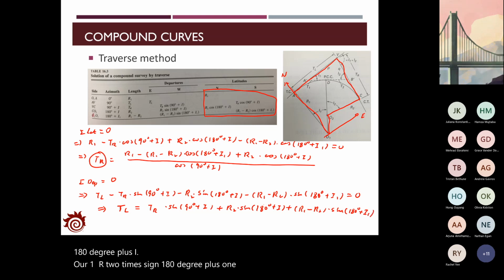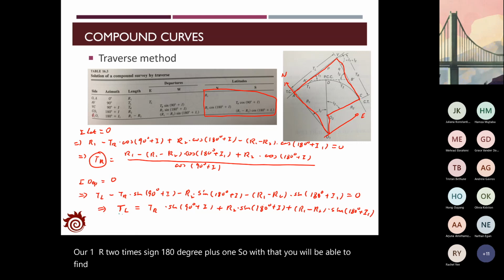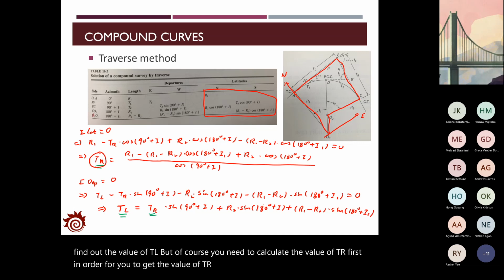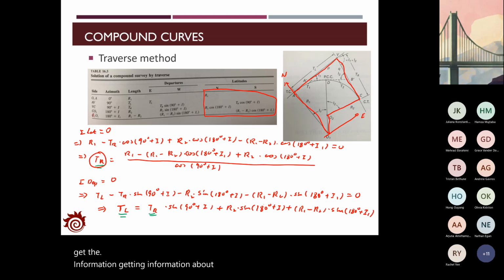So with that, you will be able to find out the value of TL. But of course, you need to calculate the value of TR first in order for you to get the value of TL. So this is the traverse method for you to get the information about the compound curve.